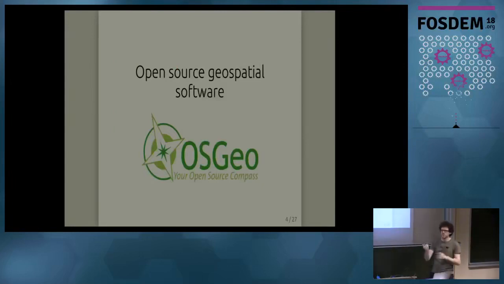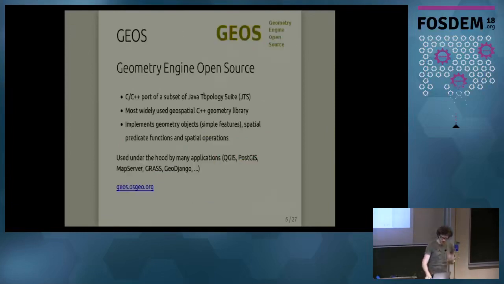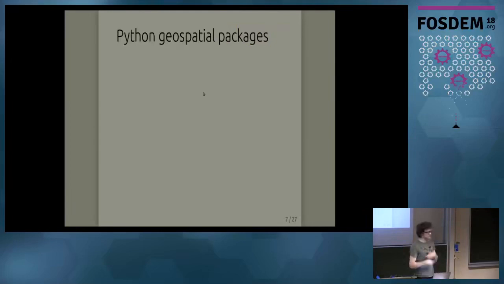Again, for this audience, I also don't have to explain that there is a lot of open source geospatial software where full stacks of tools are built upon. You have GDAL, you have GEOS. But again, that's to say that in Python it's no different.